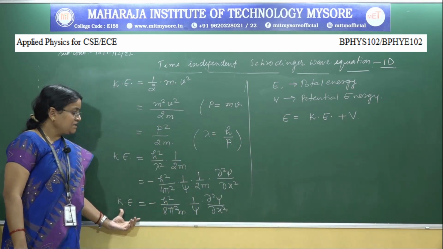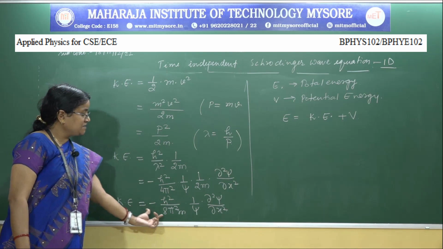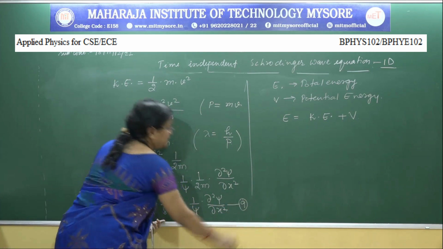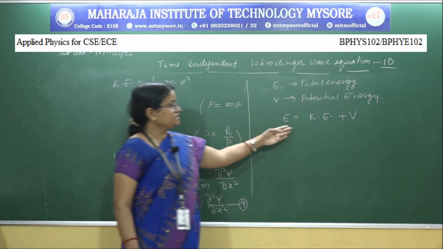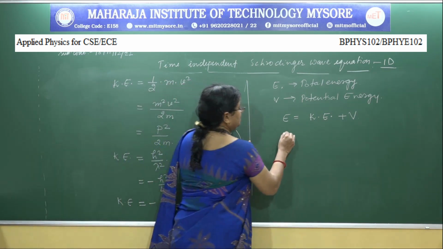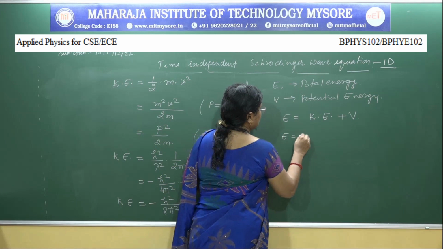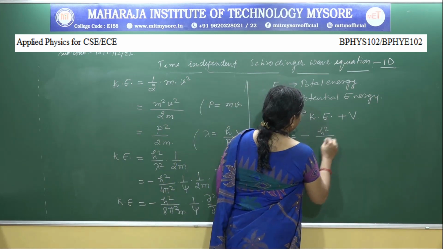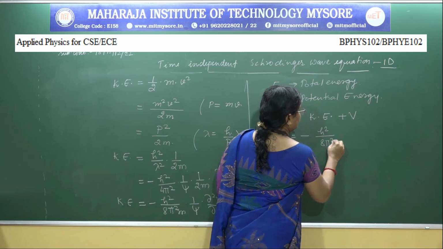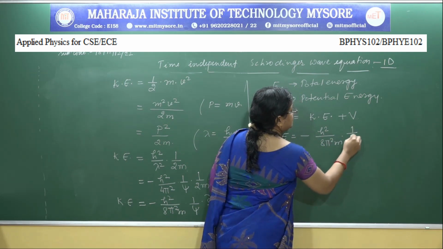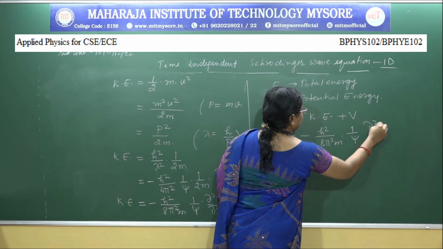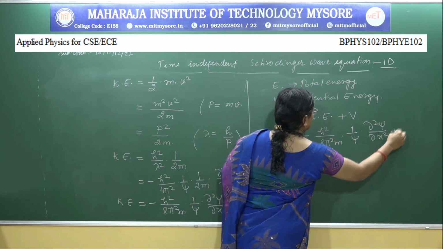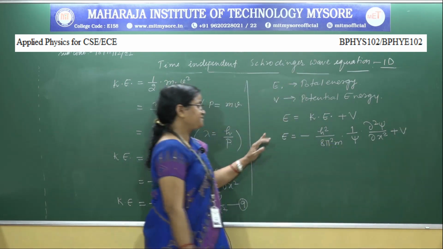So substituting the kinetic energy value, we will take it as equation 9. In this equation, we get E is equal to minus h square by 8 pi square m into 1 by psi dou square psi by dou x square plus V.